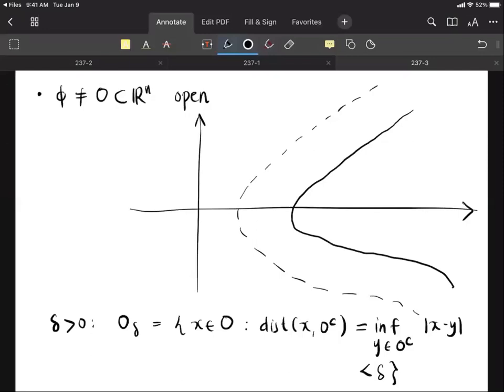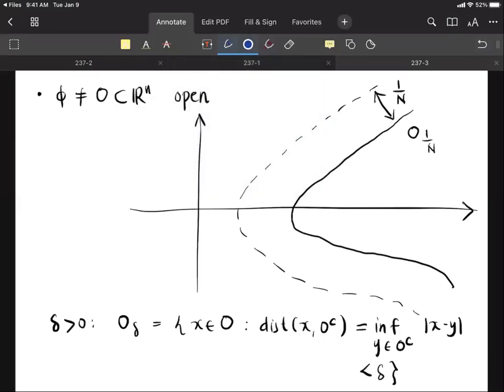Here the distance is uniformly, let's say, 1 over n. And the inside of this would be O sub 1 over n, this region here. So if you increase n, you are going closer and closer to the complement.